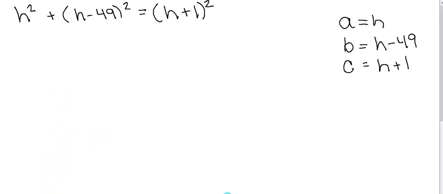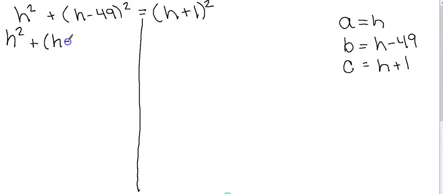The best thing to do with these is to rewrite them so you can see what you're looking at. I'm not going to cross that equal sign with any kind of solving yet. I'm just going to rewrite this equation so I can see what's happening. H minus 49 squared is the same as H minus 49 times itself, so it's H minus 49 times H minus 49.